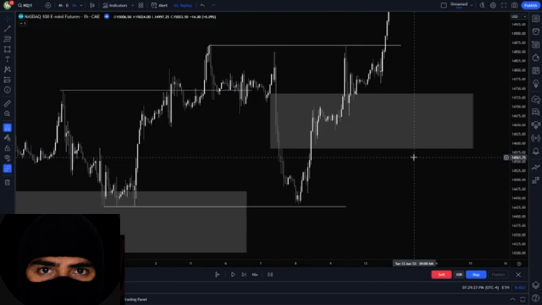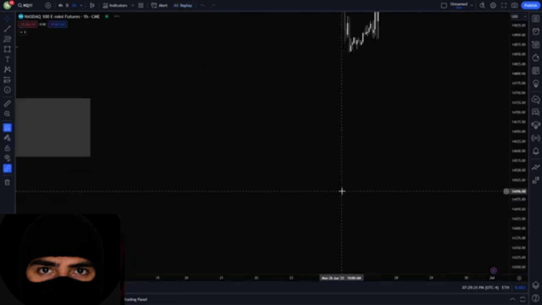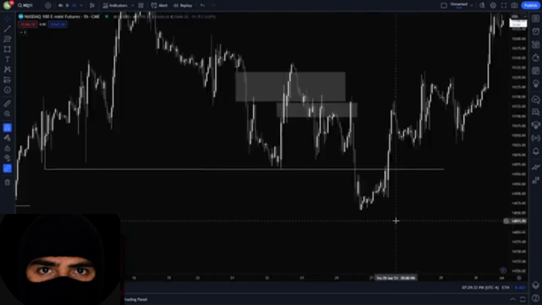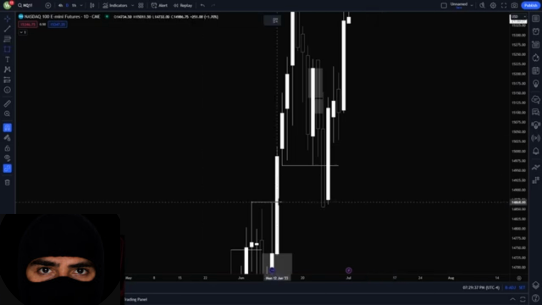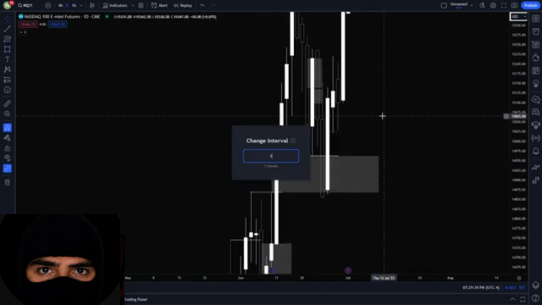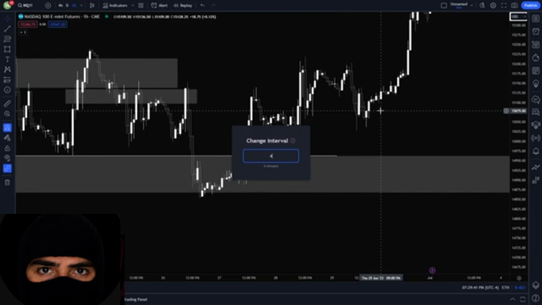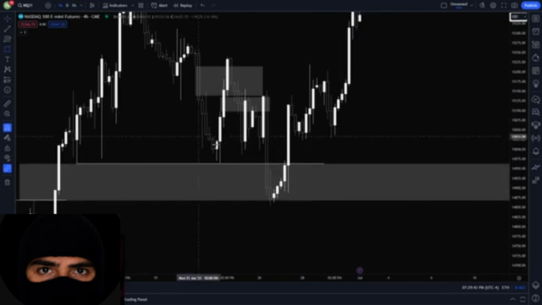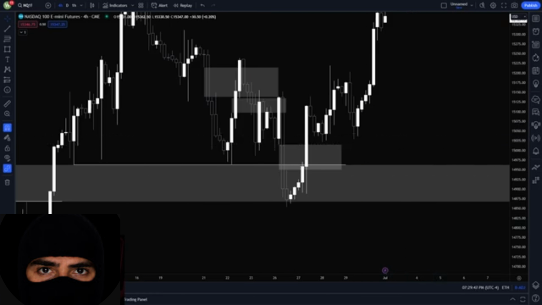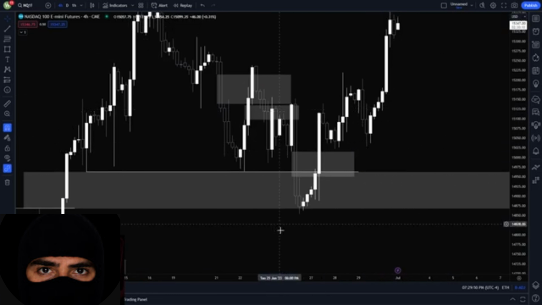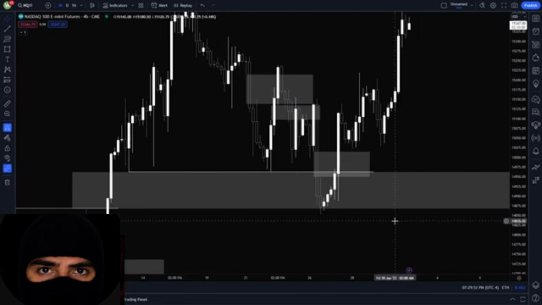Now, a lot of the times as well, if you can overlap models, for example, this is a perfect example here. When we get something like this, where we get a daily fair value gap, right? Bigger time frame bias. Looking at the 4 hour, we have a bearish fair value gap, right? So we're starting to hold a bullish bias.